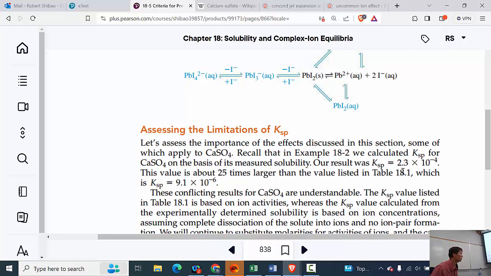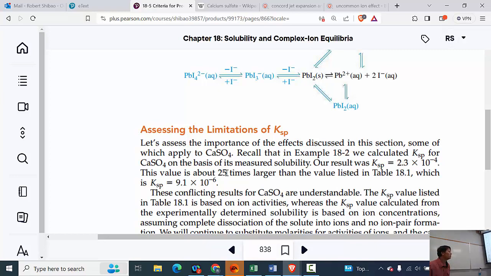That kind of data on Wikipedia, I think they actually take from the CRC. The CRC has a ton of paid people that keep track of this stuff year to year to make sure it's reliable. But anyway, our Ksp was the same, 2.3 times 10 to the minus 4.